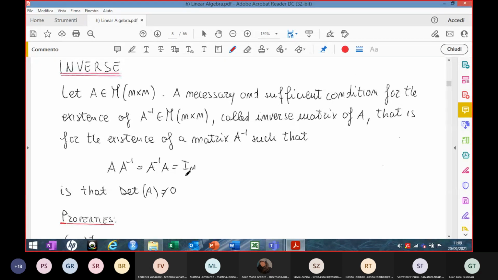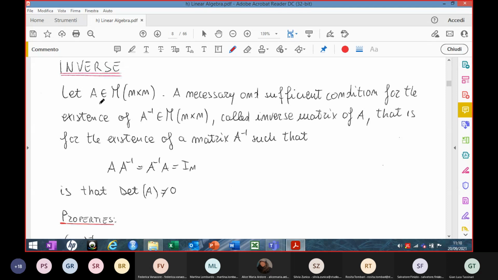So I want you to remember that A is a square matrix, and the inverse operation is defined only for square matrices. However, the inverse of a square matrix is still a square matrix, with the same order as A, and it exists if and only if the determinant of A is different from 0.